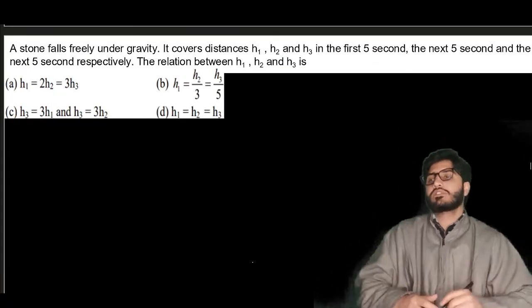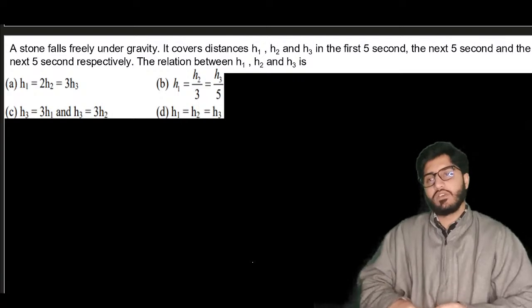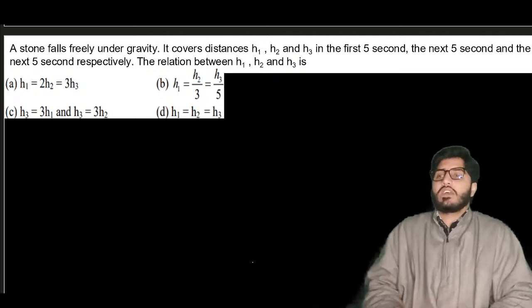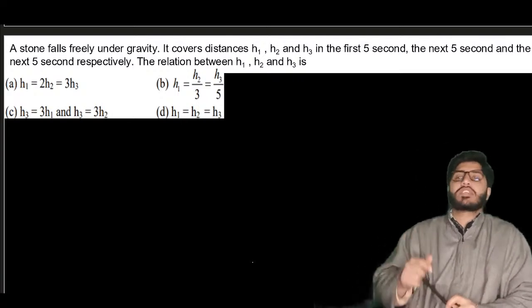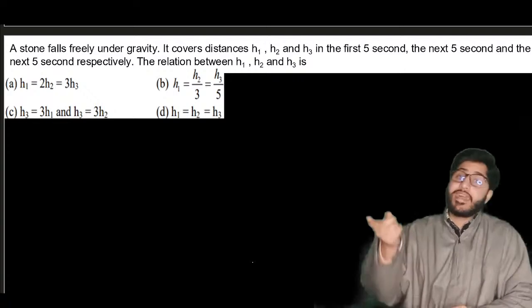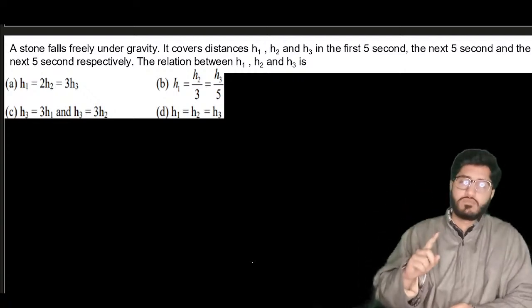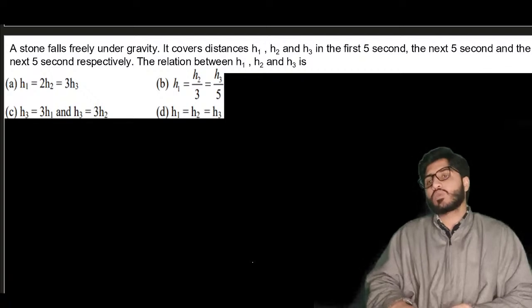A stone falls freely under gravity, that is u is 0. If it covers distances h1, h2, h3 in the first 5 seconds, next 5 seconds, and next 5 seconds, what is the relation between h1, h2, h3?